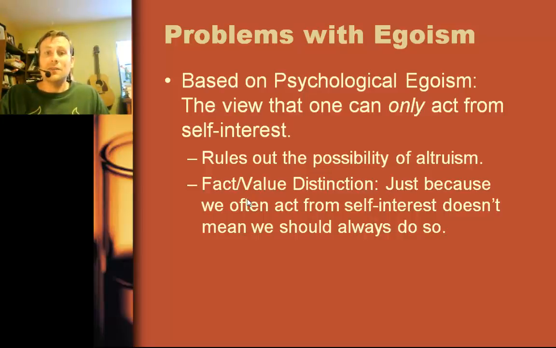Now, in a lot of cases, self-interest may be a good explanation, but the point is, just because you can always use it doesn't mean it's always the reason. Likewise, I could explain everything I do as altruistic. I could say every action I take is because it helps somebody else. Why do I teach this class? Because it helps you. Why do I raise my children? Because it helps them. Why do I drive my car to work instead of riding my bicycle? Well, because it allows me to get places faster, which is better for you. Why do I eat things that I know I shouldn't eat because they're unhealthy?